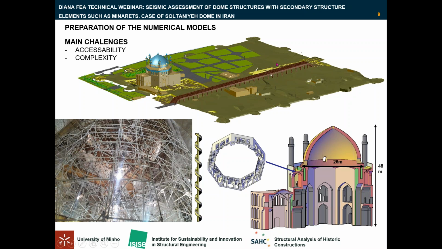And the drawings are available, and you can see an example here. But regarding the interior part, due to the presence of these scaffoldings, the interior part is not accessible to prepare the drawings with instruments and have the accurate drawings. So it was done by tape measures.